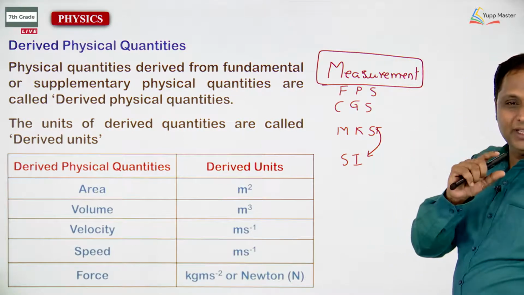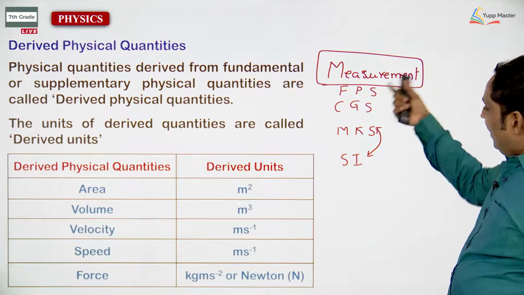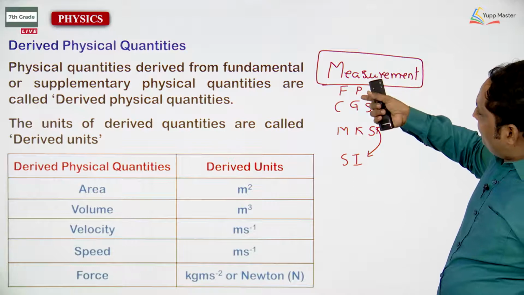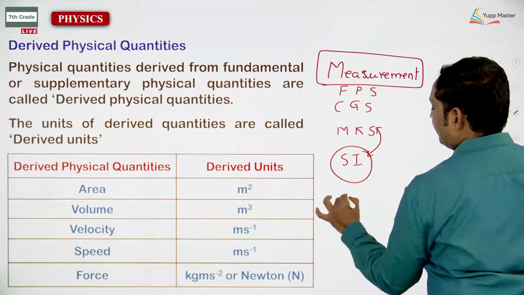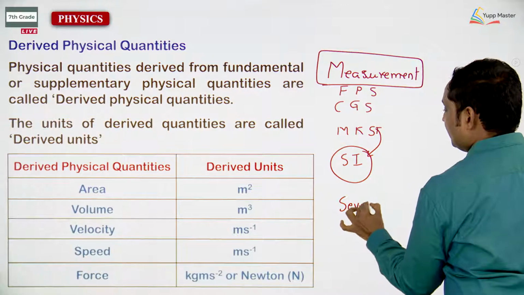In the SI system they have included 7 fundamental quantities.